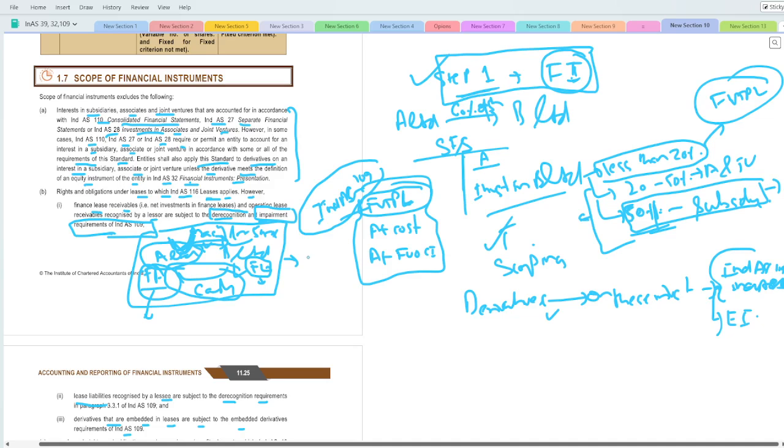So the amount will be varying. That fluctuation of the amount is your derivative, because the underlying is your Sensex or your Nifty. On that basis, you are determining the cash amount which you need to pay. So that is a derivative, and it is embedded in this one, because here you have a host contract.